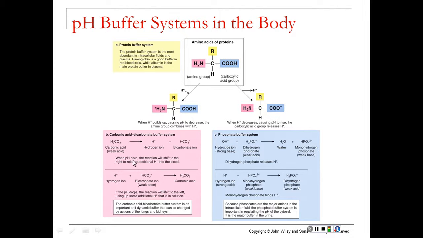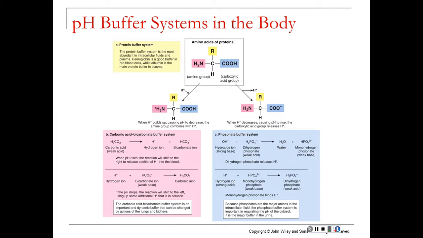Hydrogen will rebind to the bicarbonate ion to form carbonic acid. When the pH rises, then the reverse occurs, and you'll have a release of hydrogen ions into the solution. So this is kind of a give and take between bicarbonate and carbonic acid to help maintain a proper blood pH.